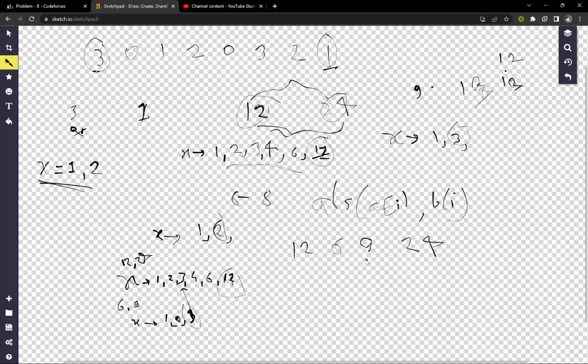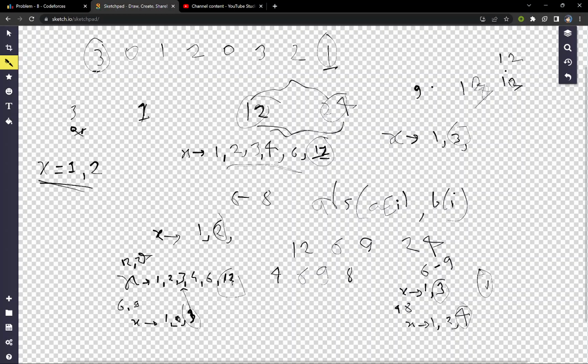If we take another example as 6 9 and 4 8, in this particular condition, for the pair of 6 and 9 the value of x can be 1 and 3 only, and for the pair of 4 and 8 the value of x can be 1, 2 and 4. So if we take the GCD of 4 and 3, we will get 1.